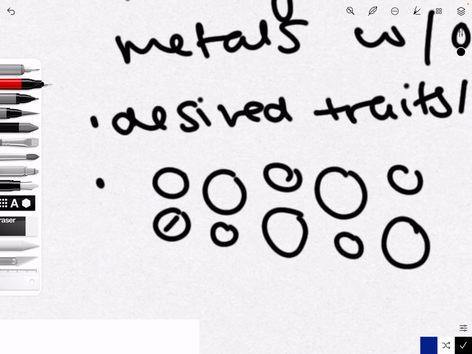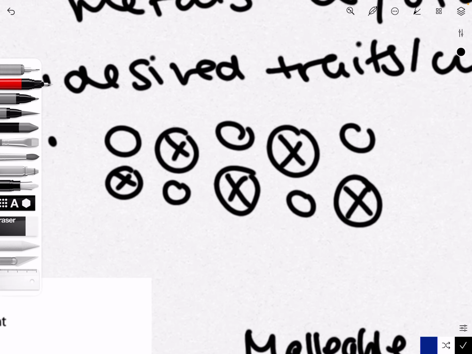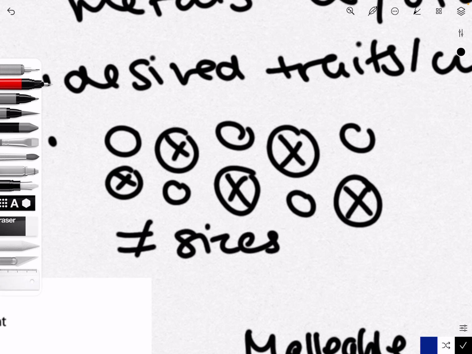As we can see, we've got our larger ions and our smaller ions, and due to the different sizes, these layers will be harder to slide over each other, which therefore increases the durability of the metal itself and makes it less malleable, so more resistant to forces and stress.